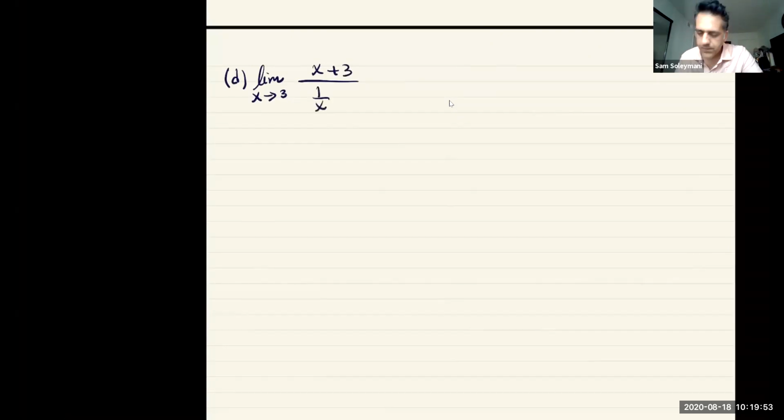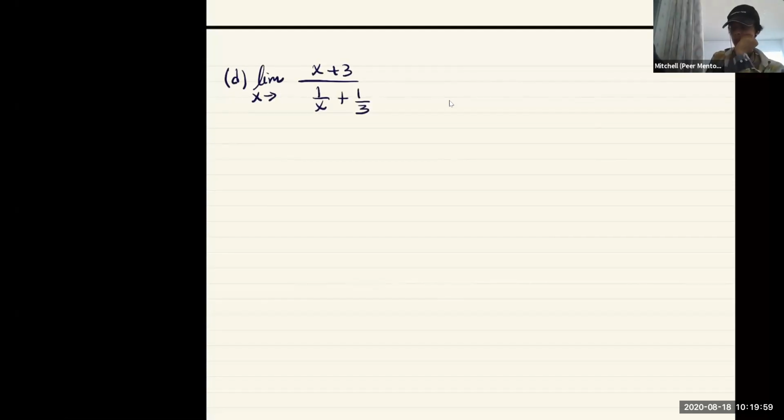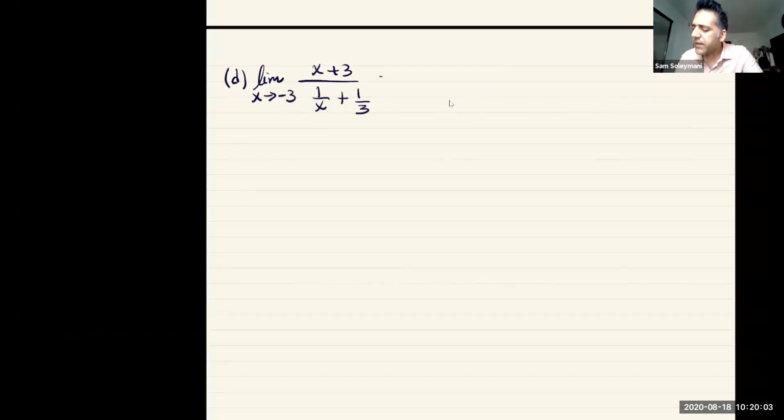Okay, so D, I'll tell you how to approach D, because we have a little time. And x here is going to negative 3 actually. So this will again give you a 0 over 0.